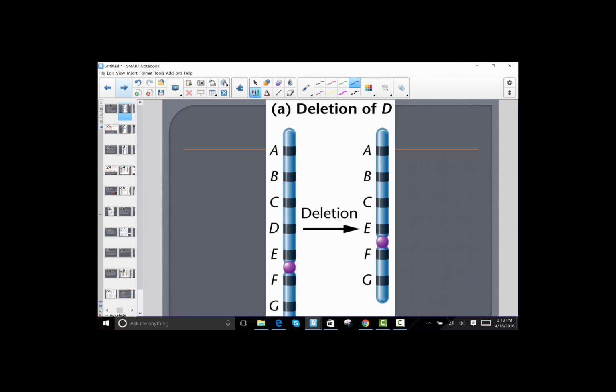So what's happening here is you have a complete chromosome, and I hope you can see all of it down there, but if you can't, I apologize.